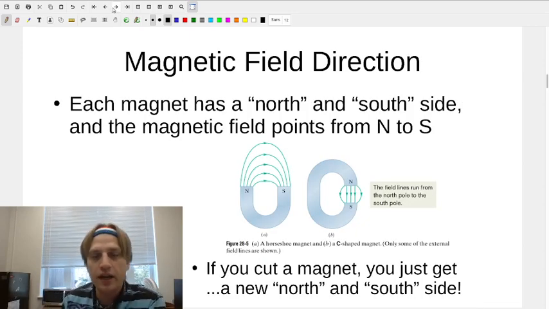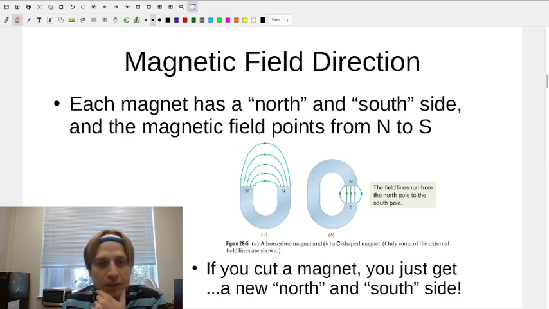Now, a point that I didn't make very explicit last time, but for those of you who have already done this week's lab, it perhaps has crossed your mind. Usually when you learn about magnets as a kid, you talk about the North and South Pole.